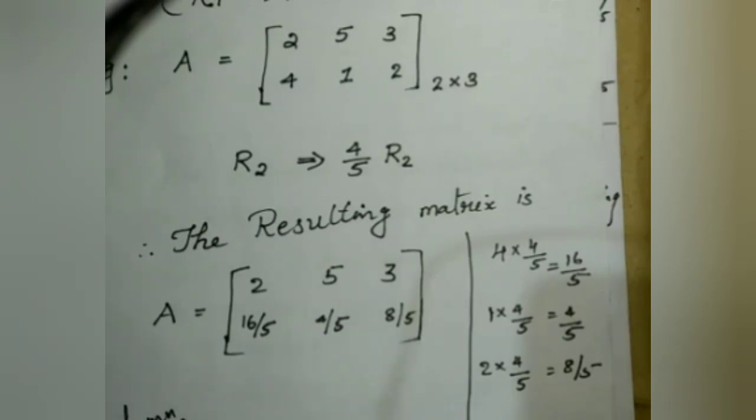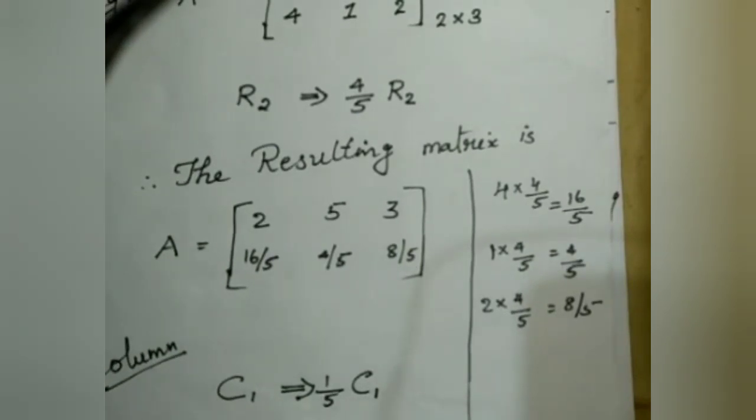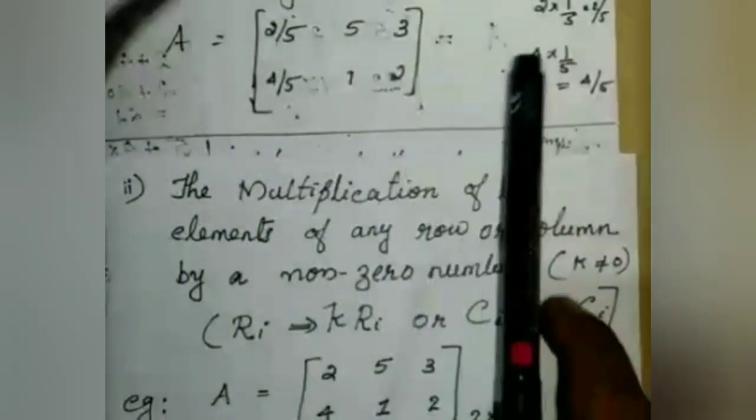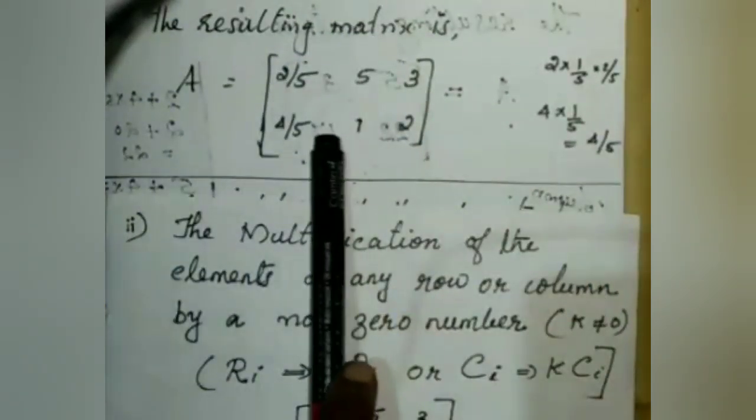The same operation can be applied on the columns also. That is C1 → (1/5) C1. That means only the first column is changing.